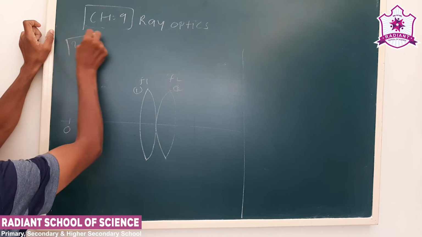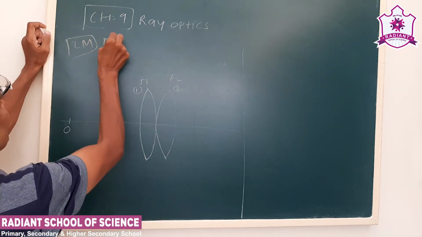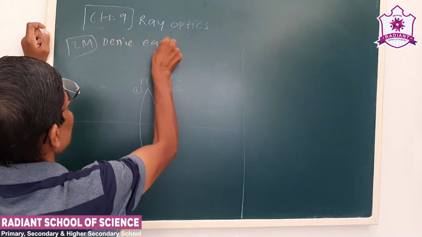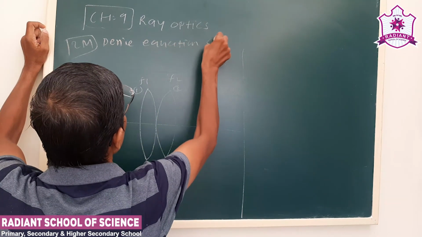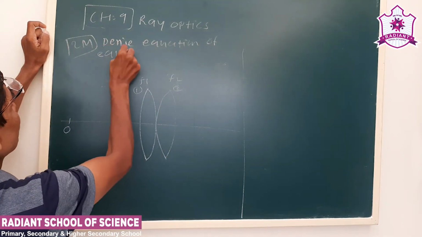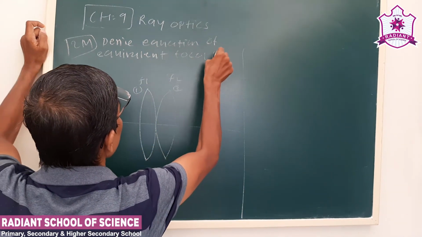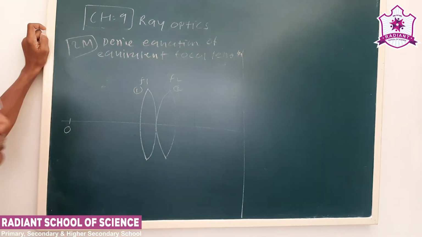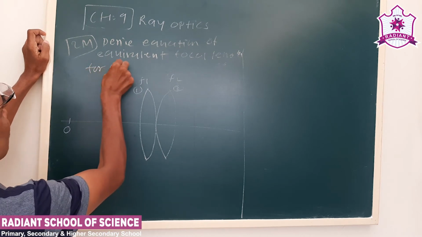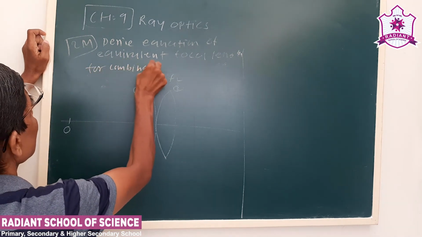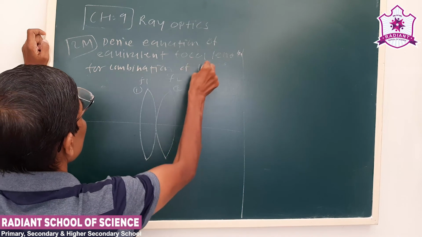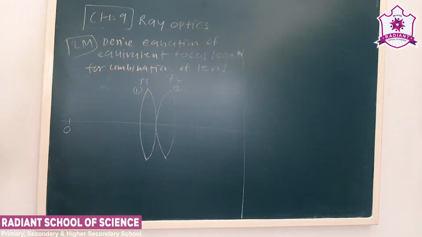See, this can be asked in a 2-mark question: derive the equation of equivalent focal length for a combination of lenses.